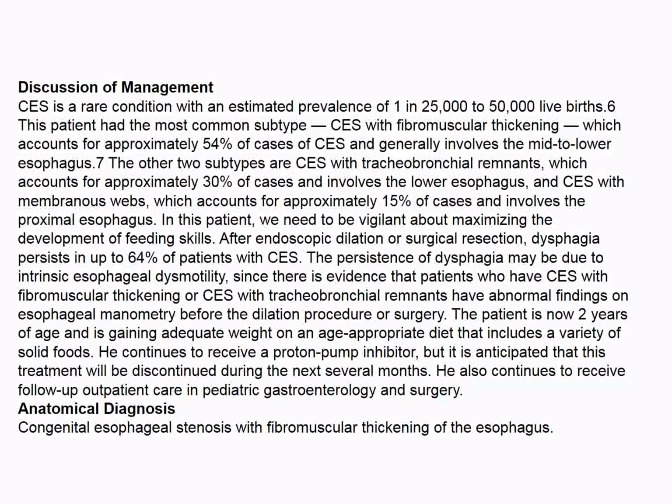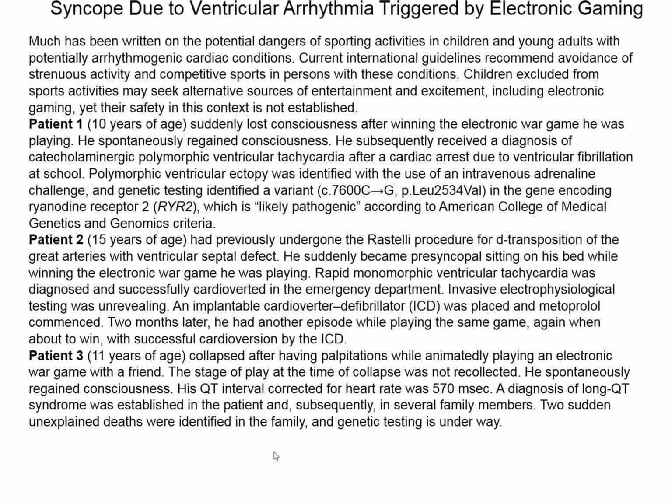And at 2 years of age, the infant is gaining weight adequately on an age-appropriate diet, and all's well that ends well. So this is a case of congenital esophageal stenosis with fibromuscular thickening of the esophagus.